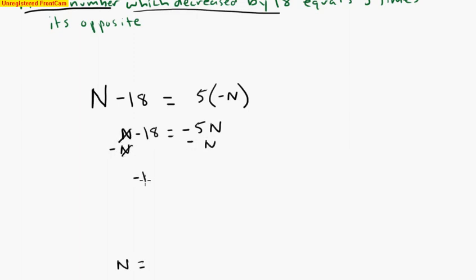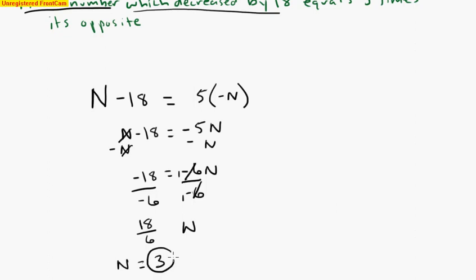We've got negative 18 equals negative 6n. Divide by negative 6, divide by negative 6. 1 times n is n. n equals 18 divided by 6, which is 3. The signs become positive, so when you divide a negative by a negative you get a positive.